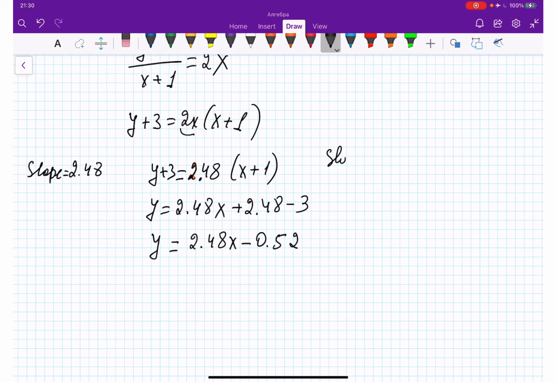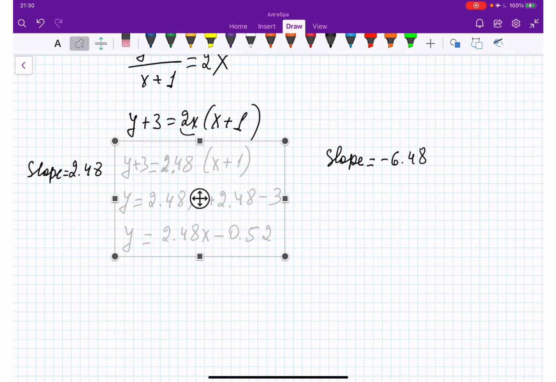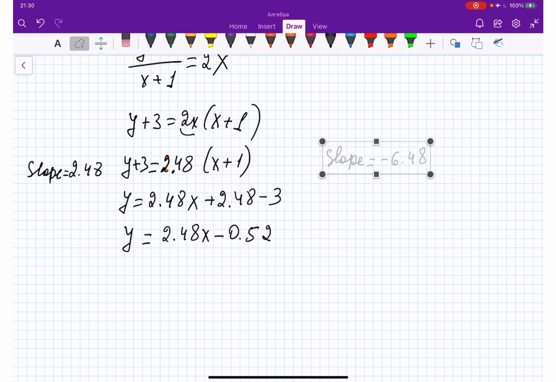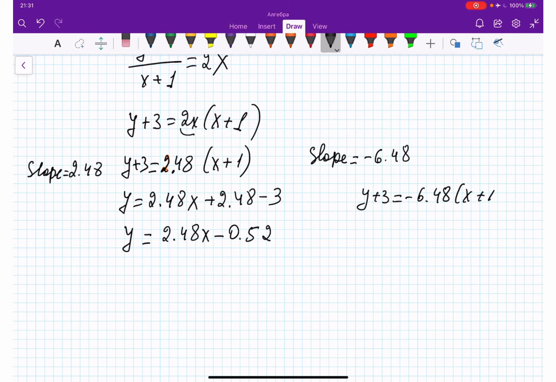Next, for the slope, let me write down here, slope is equal to negative 6.48, right? So we have y plus 3 is equal to negative 6.48 times x plus 1.